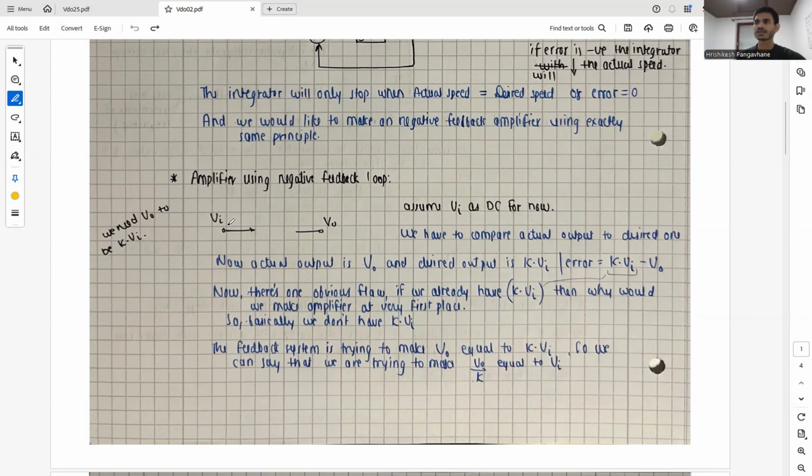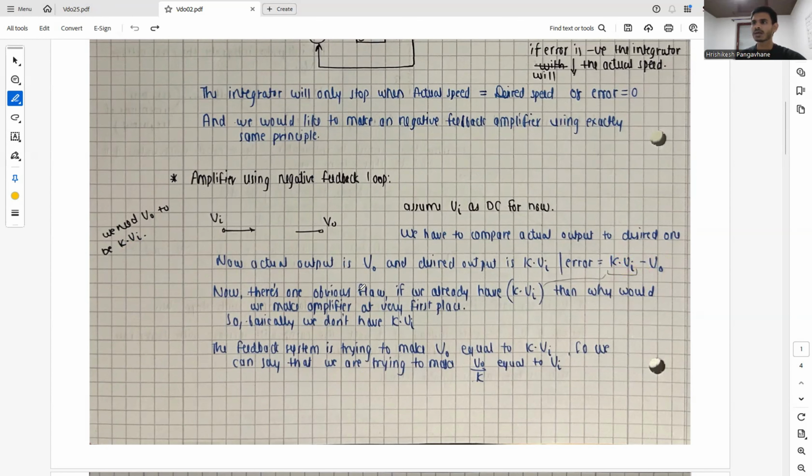Now the actual output is V naught, and the desired output is K times Vi. So the error will be basically equal to the desired output minus the actual output.